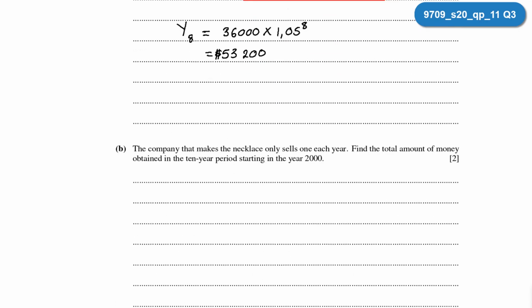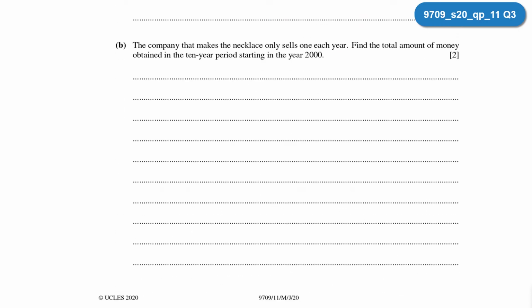Then for part B, the company that makes the necklace only sells one each year. Find the total amount of money obtained in the 10-year period starting in the year 2000. So here we are considering a geometric progression with first term being equal to 36,000.